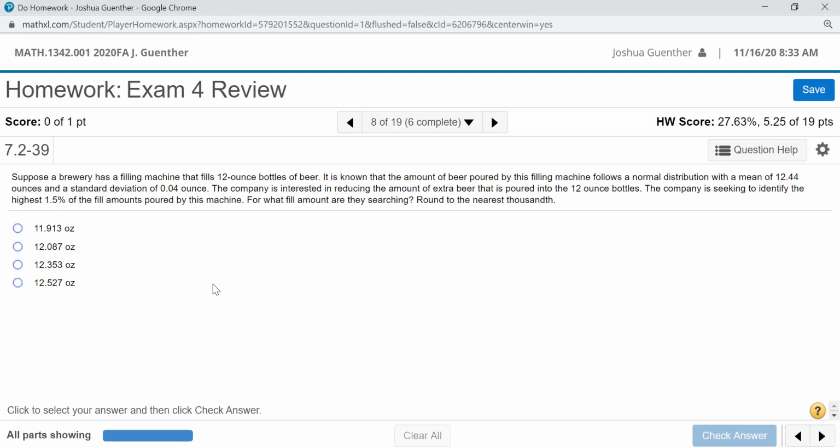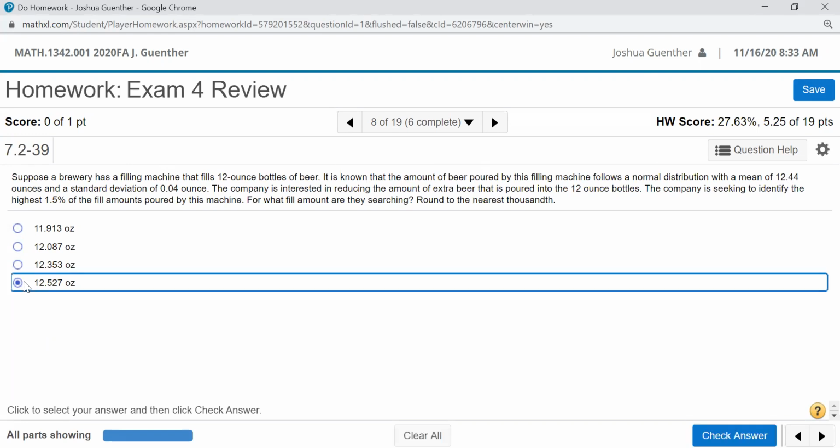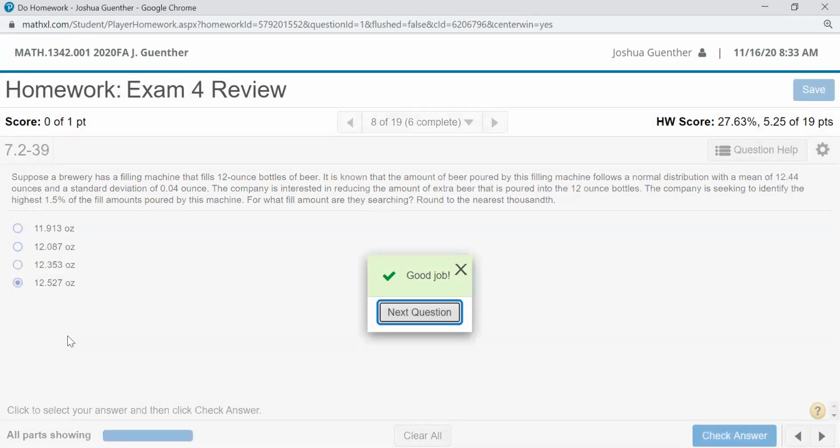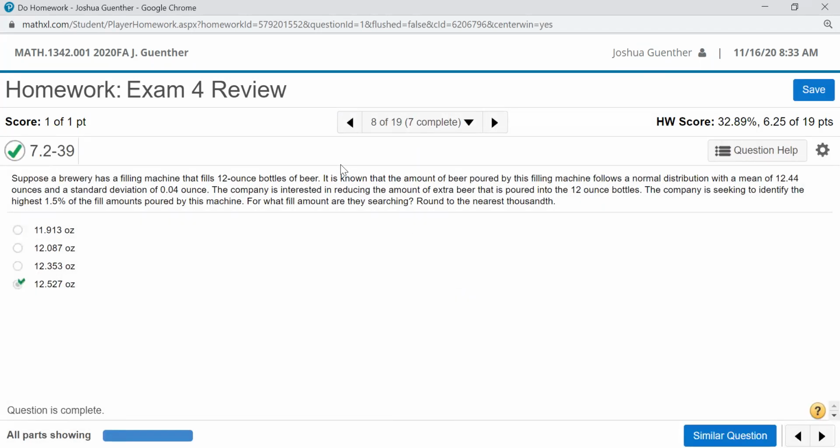But to be in the top 1.5%, you have to be quite a bit above the mean. But this is the only answer choice that is above the mean. Yeah, there you go. We didn't even have to use the z-chart. So that's kind of a nice problem, because if you're reading it correctly and you just look at the answer choices, you could have immediately deduced this one without even using a z-chart.